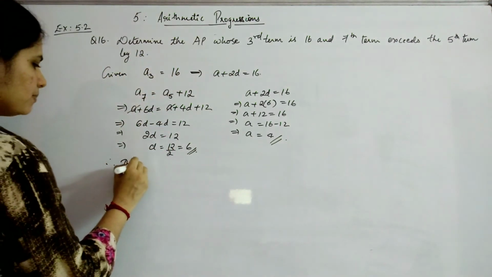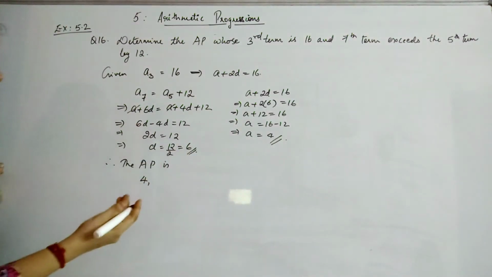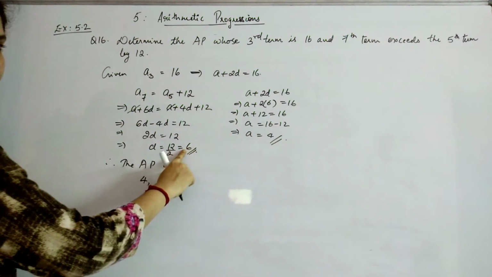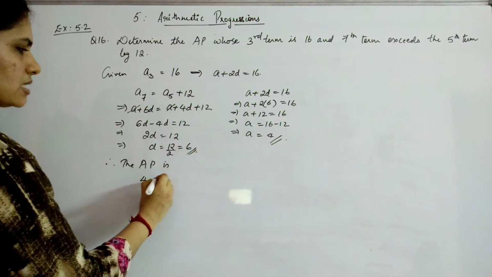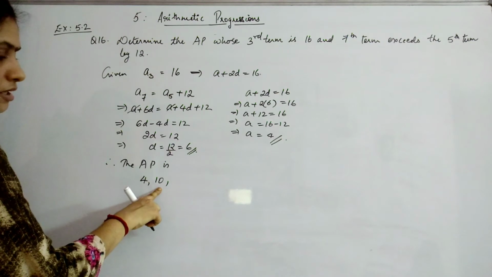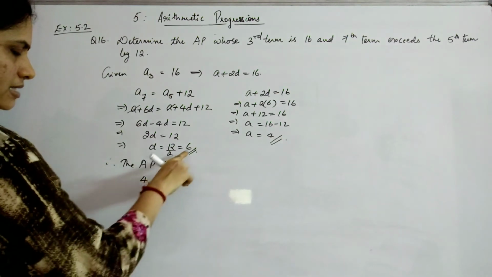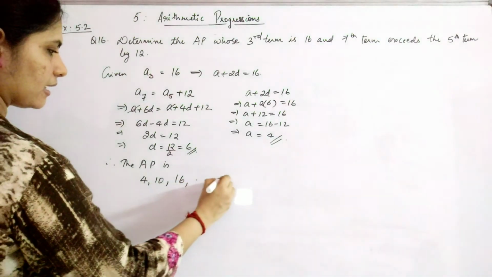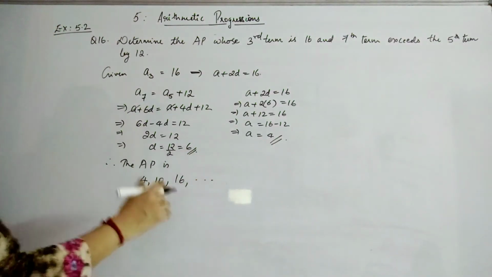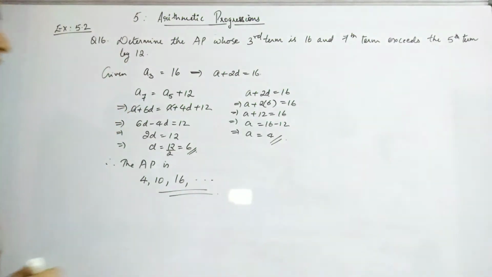Therefore, the AP is: first term 4, second term A plus D, which is 4 plus 6, which is 10. Next term will be A2 plus D, where A2 is 10 and D is 6, so the next is 16, and like that it will go. At least 3 terms you need to write. So this is your required AP.